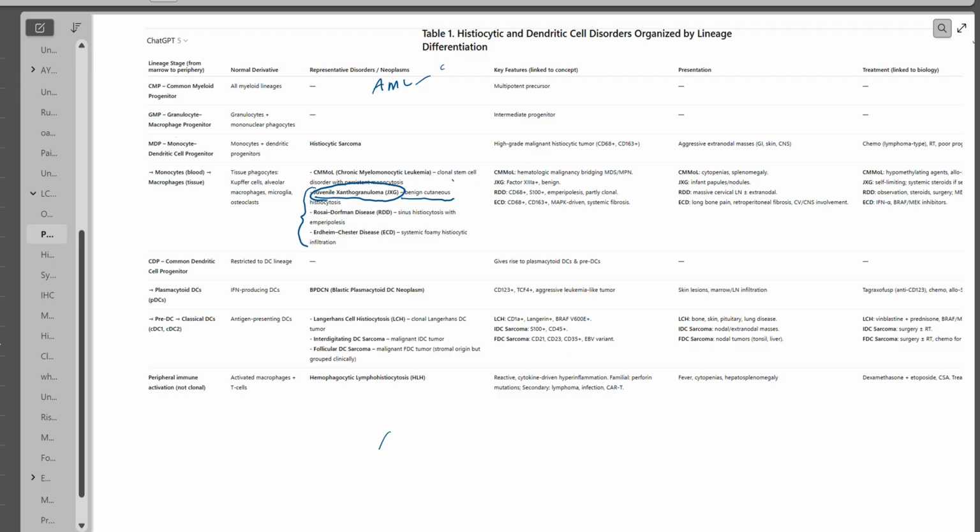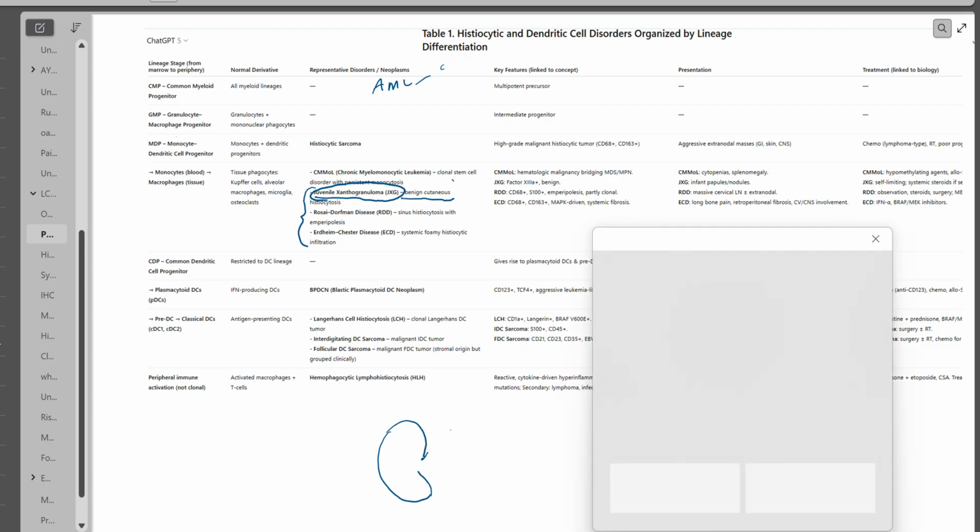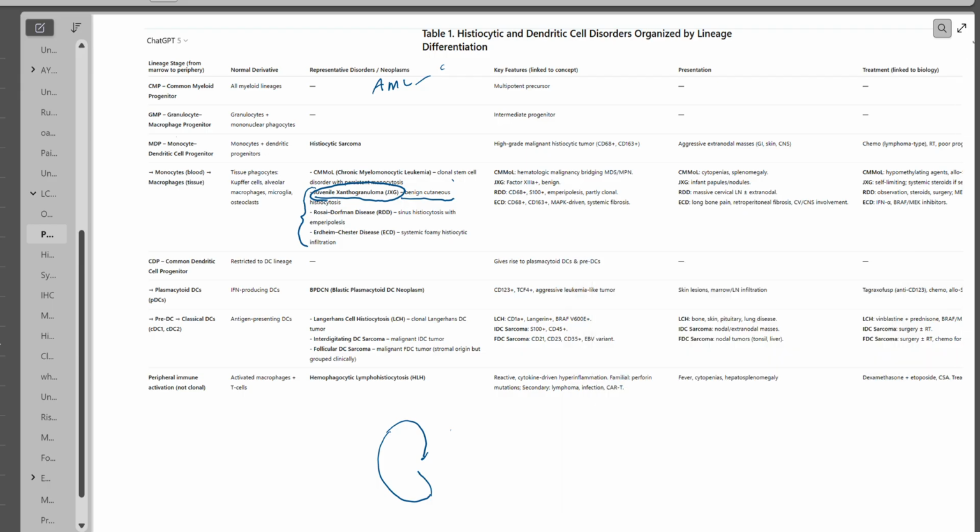Now, what's very interesting is that you need to know this pathway where this is a lymph node, and in the lymph node, you have the medulla, and in the medulla, you have the antigen presenting cell, which is usually either a macrophage or it could even be a T lymphocyte. And here is the sinus. In the sinus, you have more macrophages.